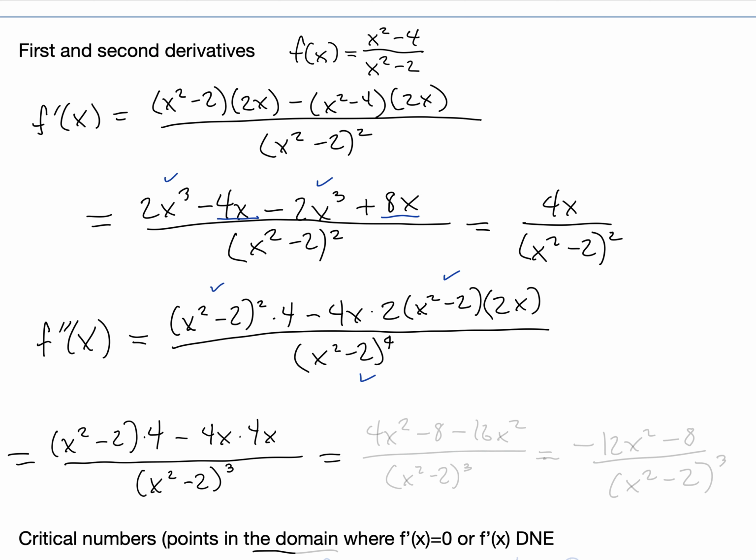Continuing to simplify, we've got 4x squared minus 8 minus 16x squared, all over x squared minus 2 cubed.